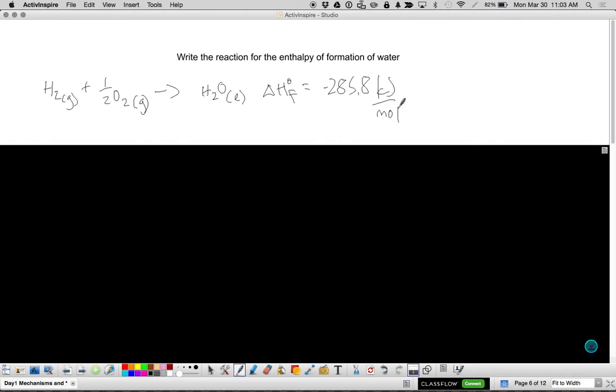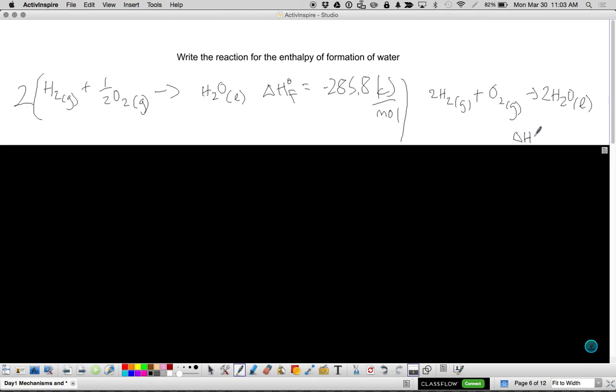When I'm talking about this in this case, I actually don't want the fraction in, so I'm going to multiply everything by 2. So 2 hydrogen gas plus 1 oxygen gas forms 2 H2O liquid.